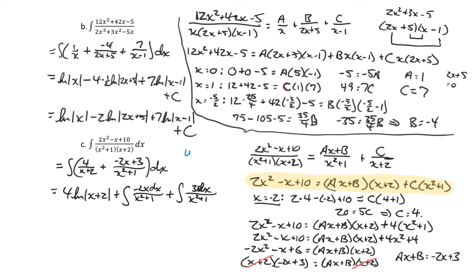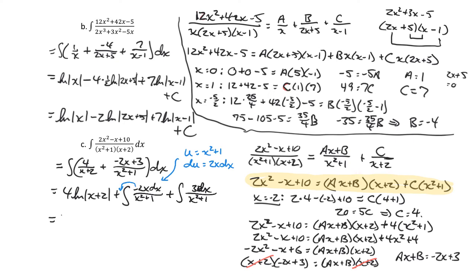I'm going to let u be equal to x squared plus 1 for this particular term. Then du is 2x dx. Well, the negative that's here, I can just pull out in front. So 2x dx is exactly what du is, and let's go ahead and finish this off.